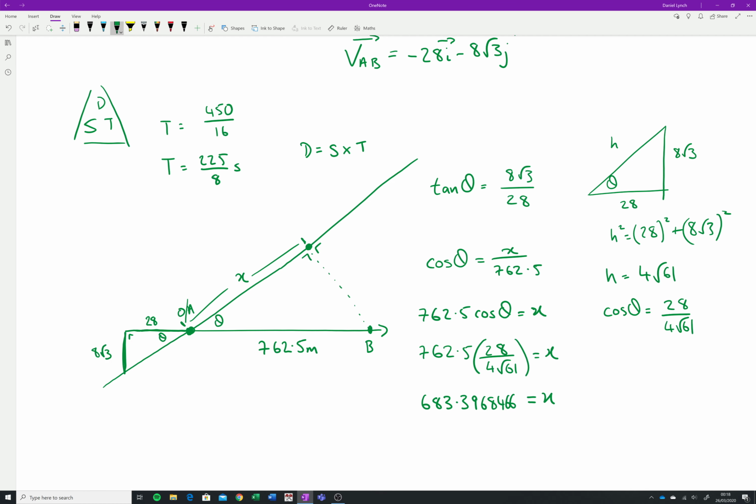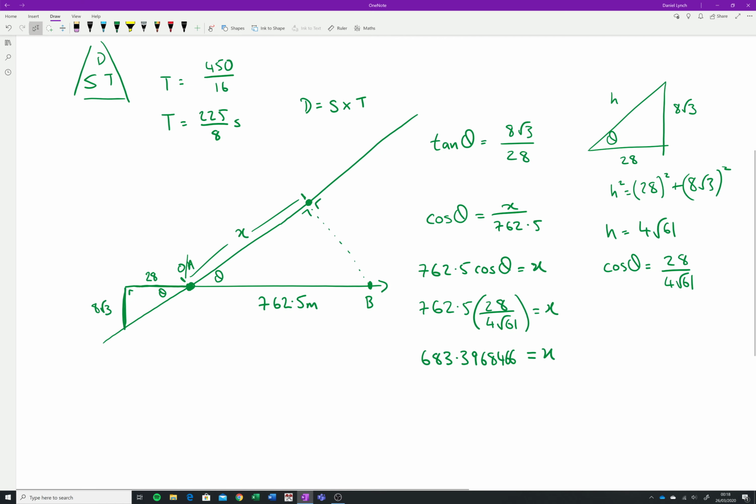So let's just write down a relevant formula, and that is that the time, so it's like the one above, is equal to the relative distance divided by the relative speed. We're just after getting the relative distance.